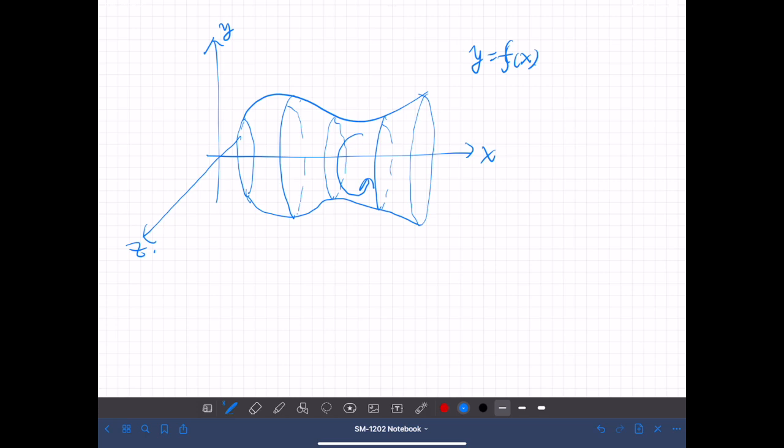So this rotation defines a solid, which is called a solid of revolution.